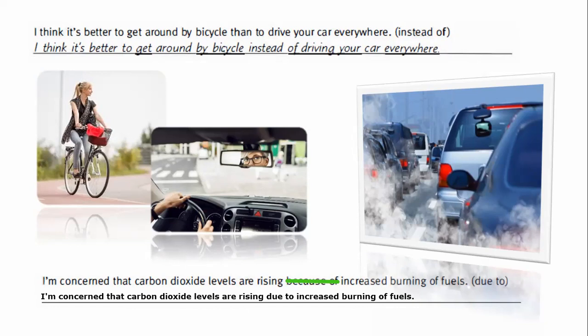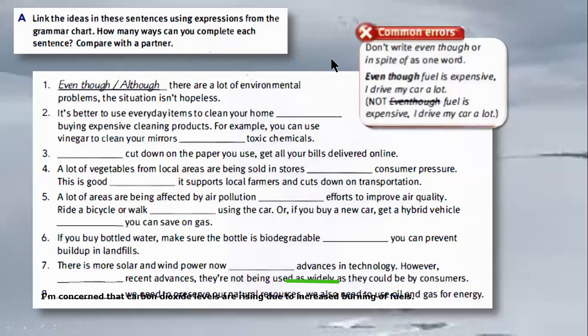Yes, everybody. Okay, guys, we don't have too much time. Let's continue with the following. We have an exercise right here in the book. We need to link the ideas in these sentences using expressions from the grammar chart: although, even though, in order to, because of, due to, as a result of, etc. The expressions that we just saw.